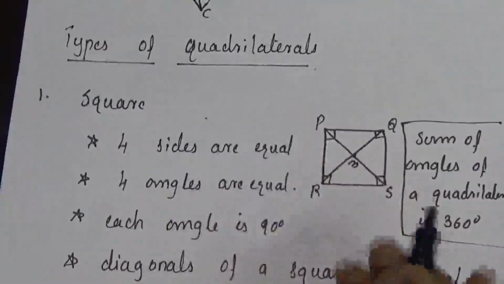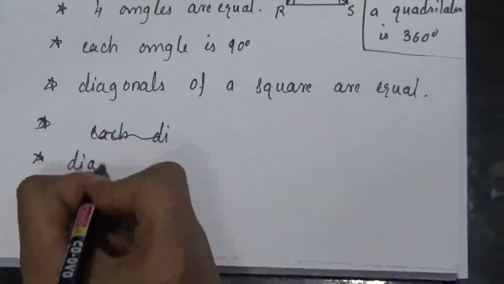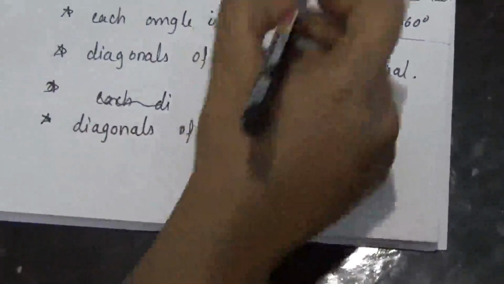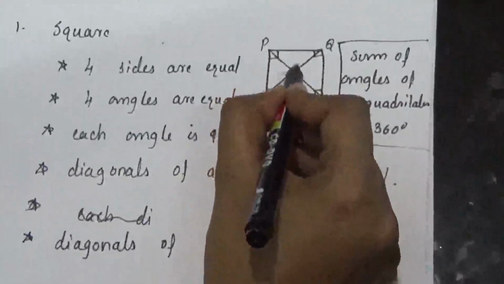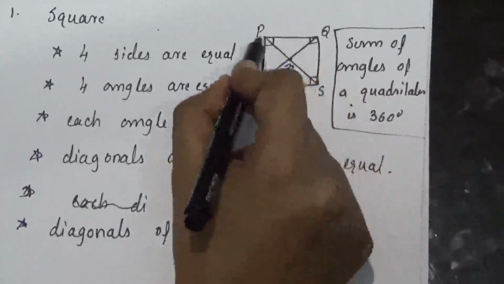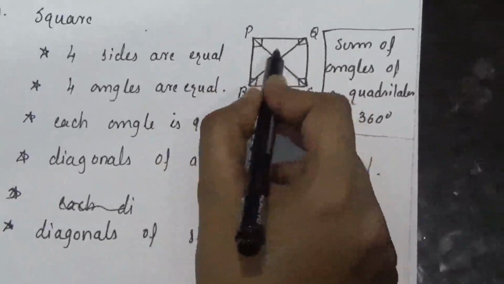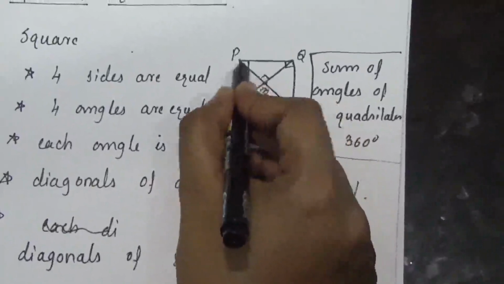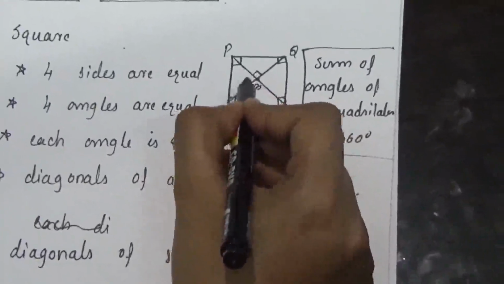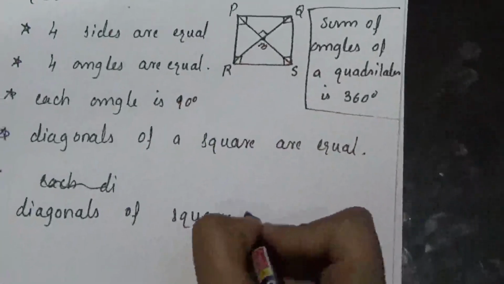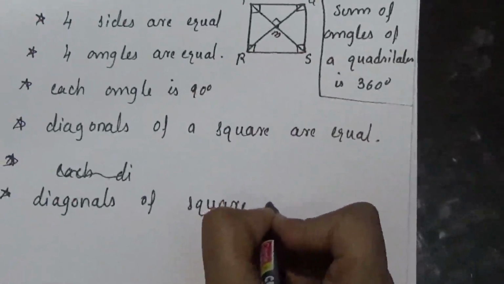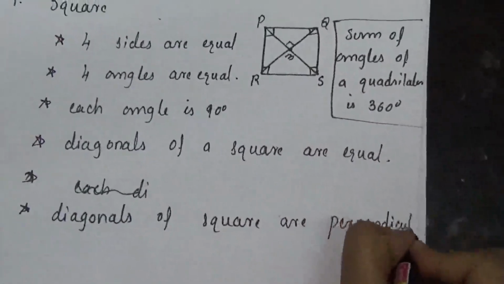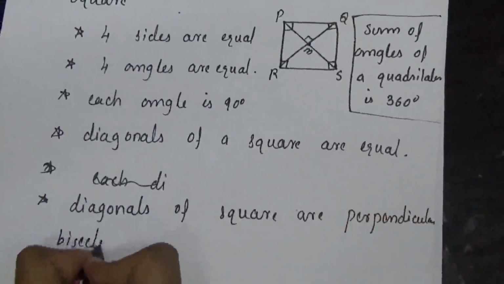Suppose that is M. This M is the midpoint of the diagonals PS and QR. So we can say that the diagonals bisect each other, and this angle is 90 degrees in the case of a square. So we can say that the diagonals of a square are perpendicular bisectors of each other. Perpendicular means 90 degrees.